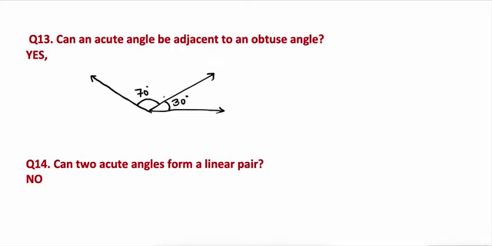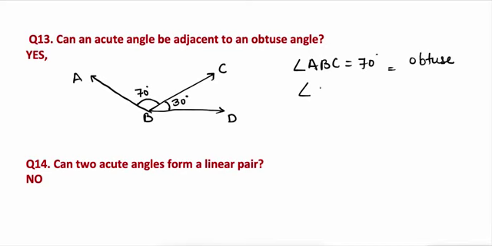So here are A, B, C and D. Angle ABC is equal to 70 degrees, the obtuse angle, and angle CBD, which is equal to 30 degrees, is the acute angle.